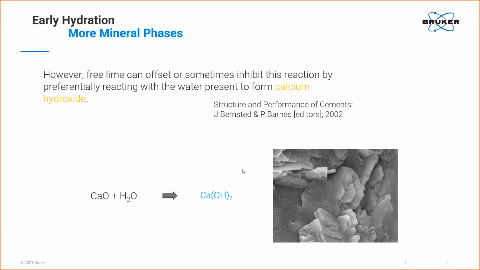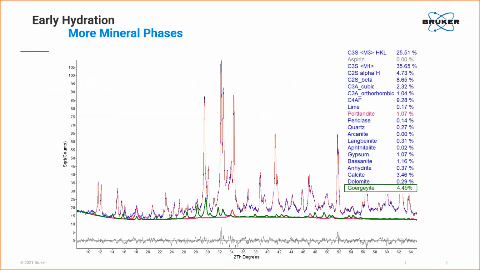So very often when you find syngenite or other tracers for early hydration, you will also find an elevated amount of portlandite, of calcium hydroxide. So it's always worth checking a couple of different possibilities. So this was portlandite, which needs to be considered.